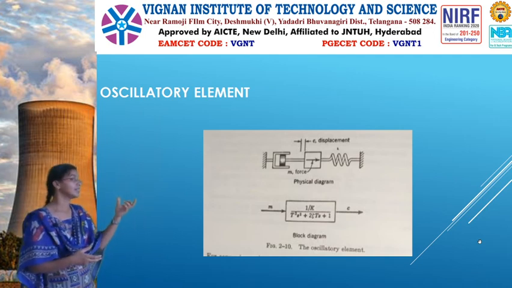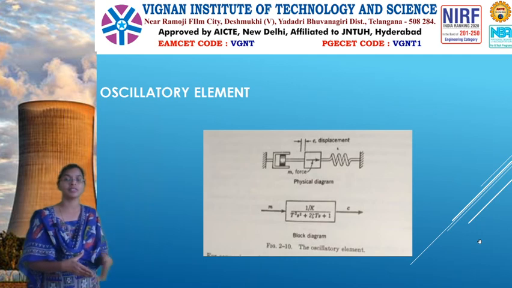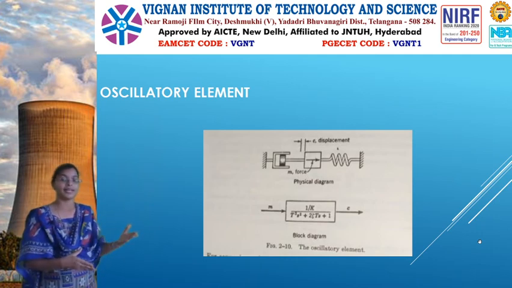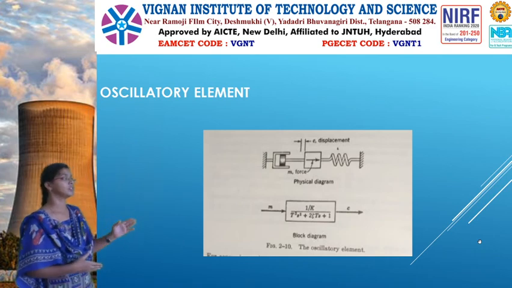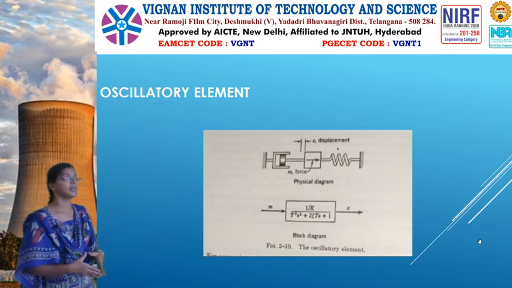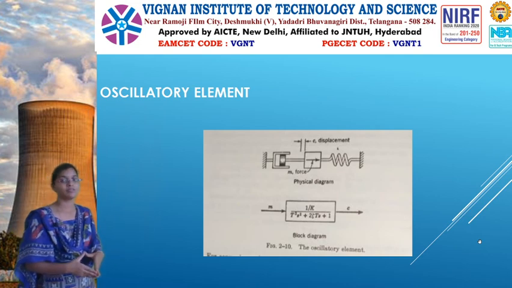That second order system is an oscillatory element. You already know the second order system equation from control systems, which is omega n square by s square plus 2 zeta omega n s plus omega n square. This is the second order system equation where omega n is the natural frequency and zeta is the damping ratio.